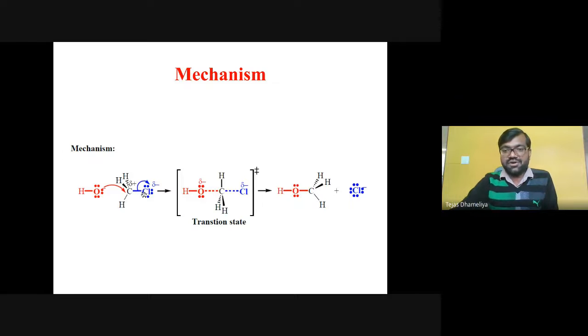and that will form this transition state. Transition state, what are they?